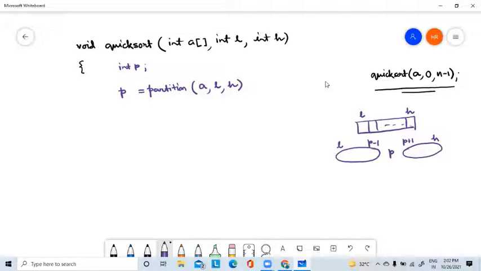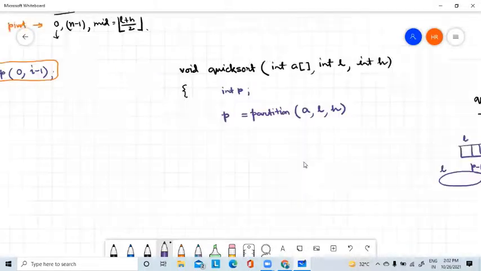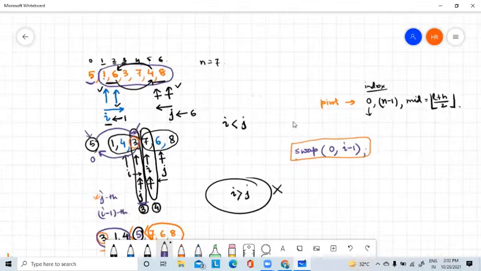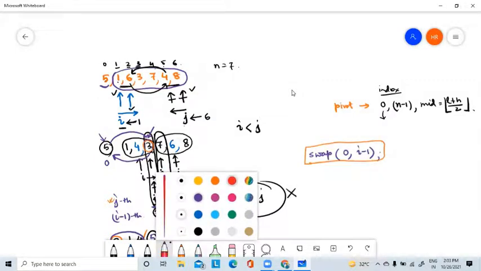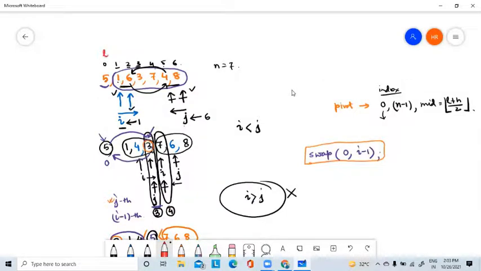Is it clear? Or if it is not clear, come to this example. So actually this is your L, this is your H. Okay.